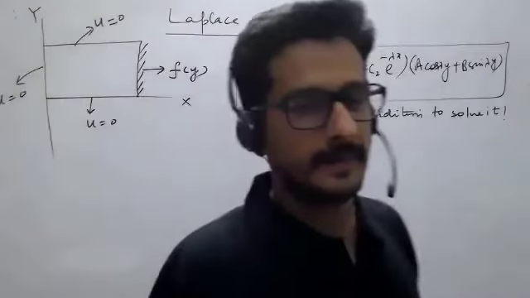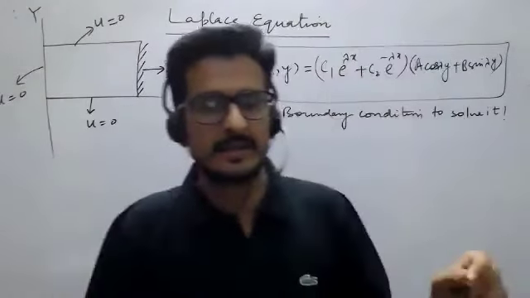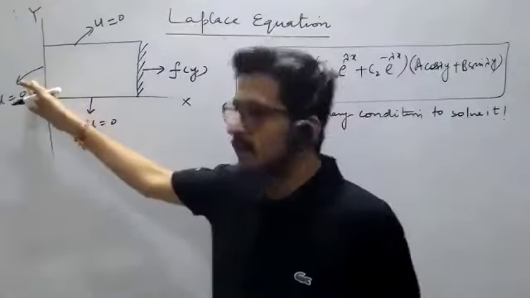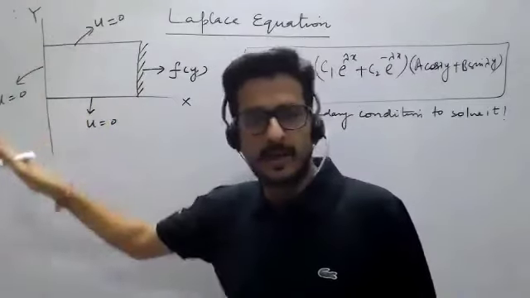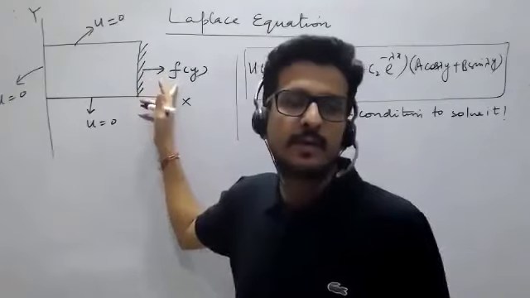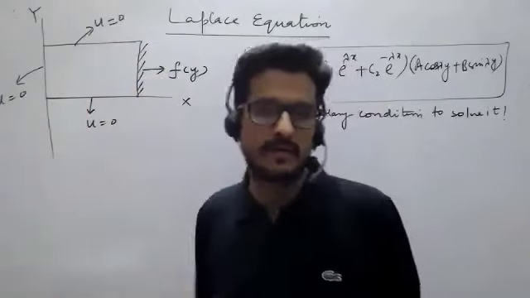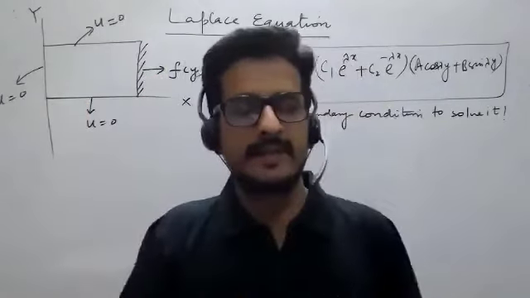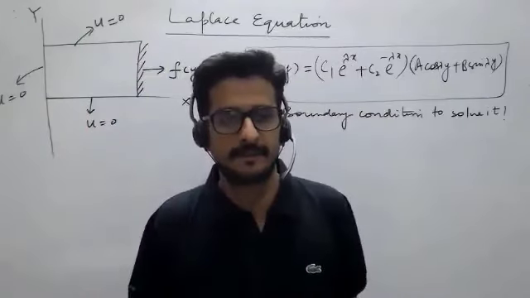You have a region in which this side is grounded, this is grounded, this is grounded, potential is 0, and on this side you have a source which is giving you potential which is some function of y, f(y), that can be changed and your question will be changing.